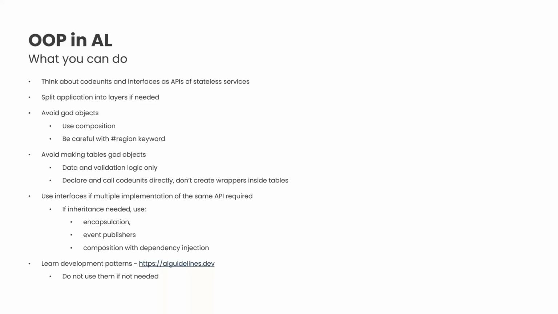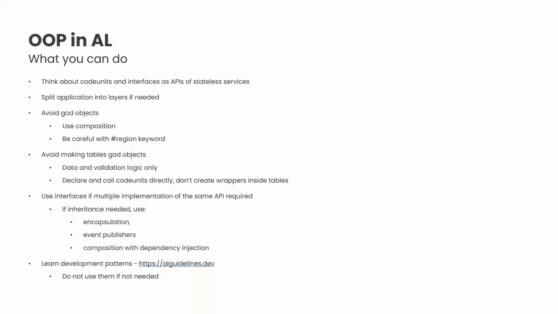And the last slide here is just a summary of this presentation. It's the OOP subject, OOP in AL. So what we can do, how we can start thinking differently about the code, is that we can start thinking about our code units and interfaces as APIs of some stateless services, and we can design them this way and create a code unit with just a few public methods, which cover some small set of functions around the same functionality.